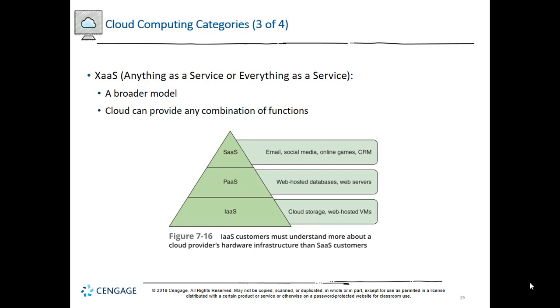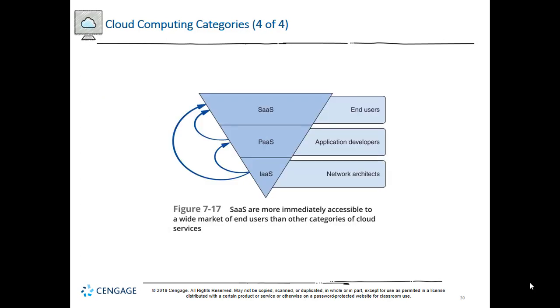Now, at the same time, consider how accessible each type of cloud service is to end users. Here in the upside down triangle, end users, the largest group of cloud computing consumers, can easily access the software as a service products without much setup, where the IaaS products require extensive preparation by a much smaller group of skilled network architects and administrators who provide systems for their end users.